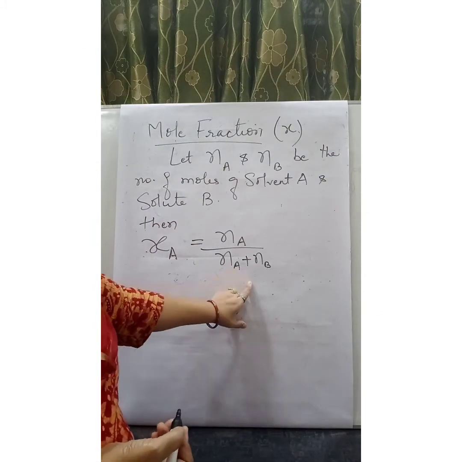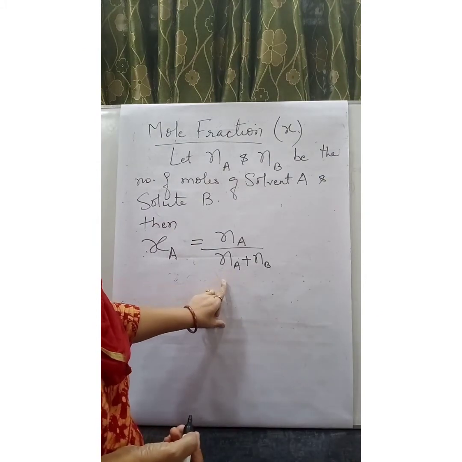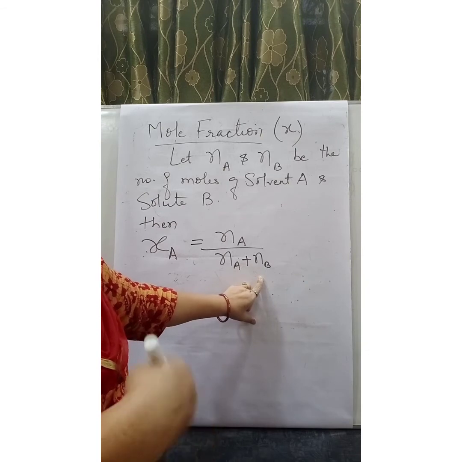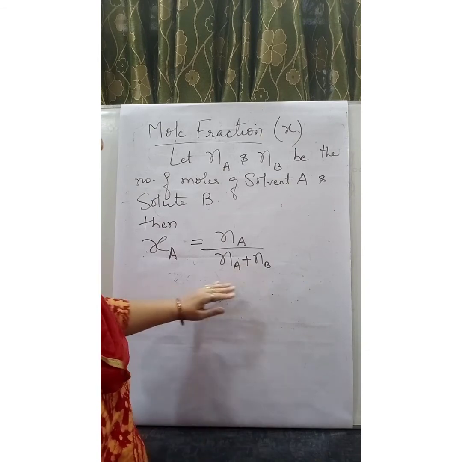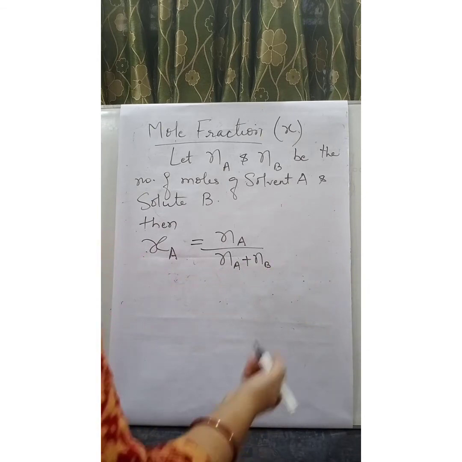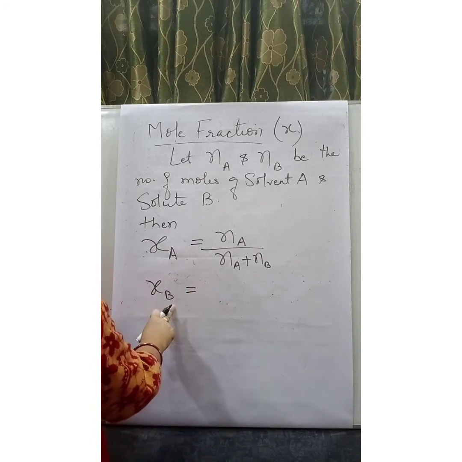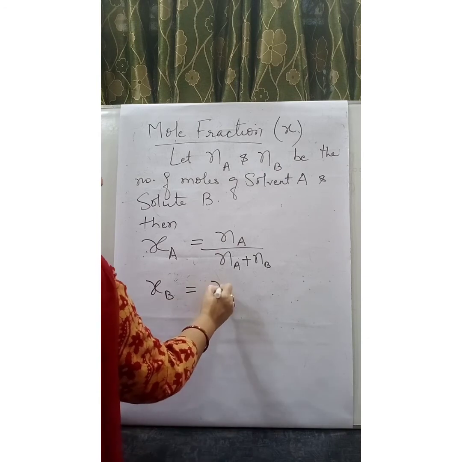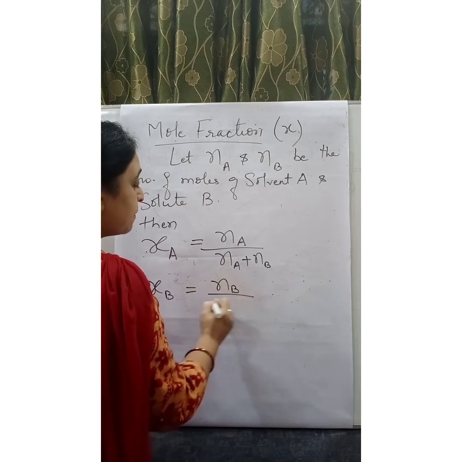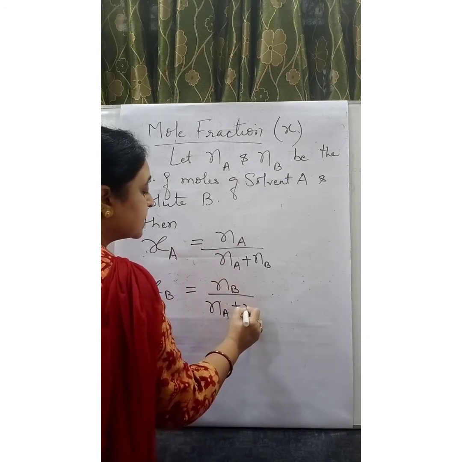So here we are having two components, so we are taking Na plus Nb. In case you are having more components, you will take the sum of all the components. Xb, that is mole fraction of component B solute, is equal to Nb upon Na plus Nb.